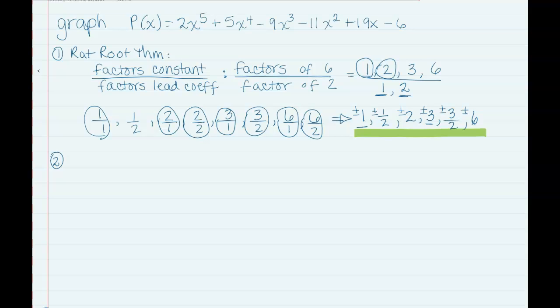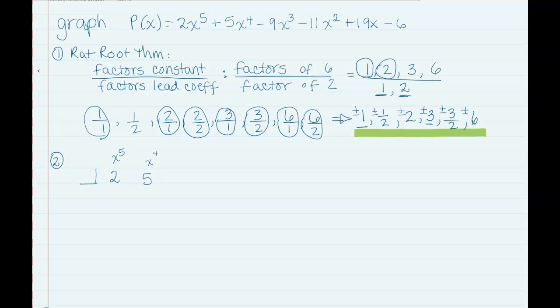So we're going to first set up our synthetic division using our polynomial. Our polynomial is 2, and I'm going to put a little x to the 5th to remind myself that I need a value for x to the 5th, x to the 4th, x to the 3rd, x squared, x to the 1, and the constant. So then 5, that's the coefficient of x to the 4th.